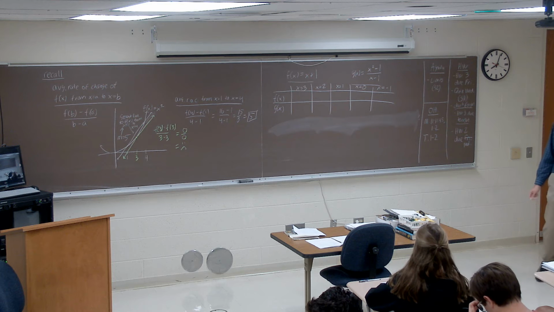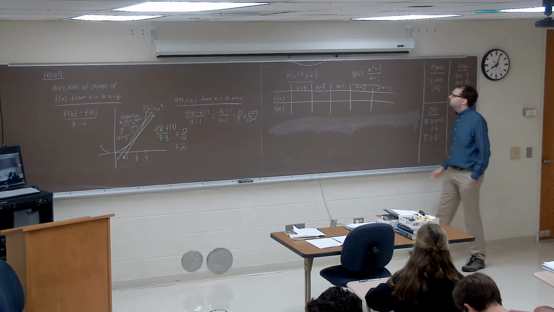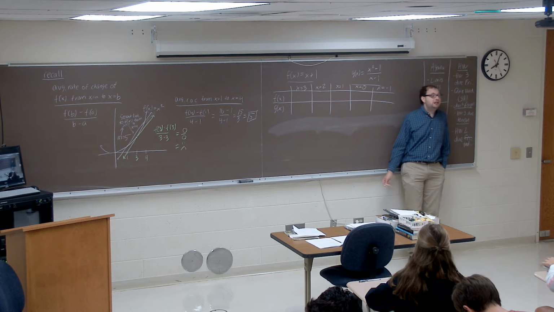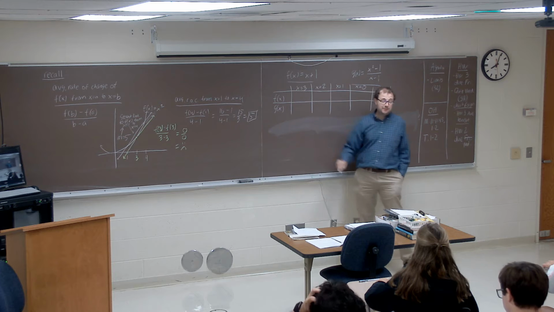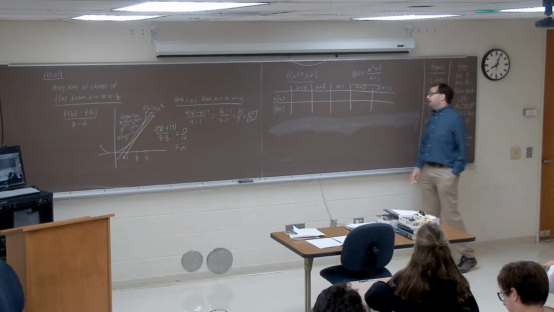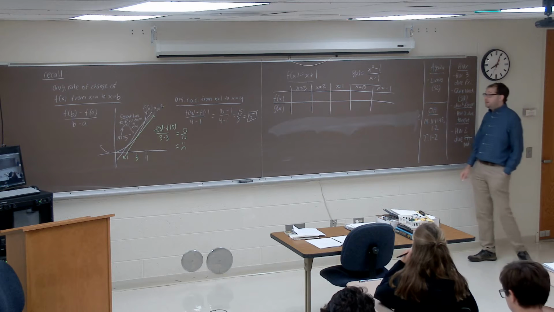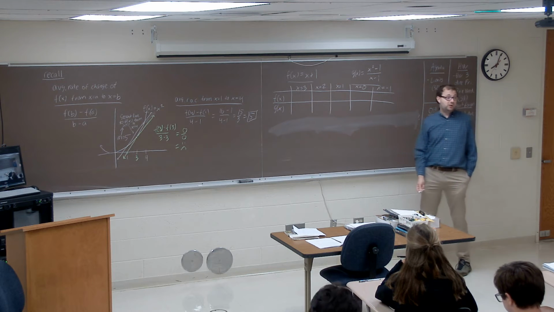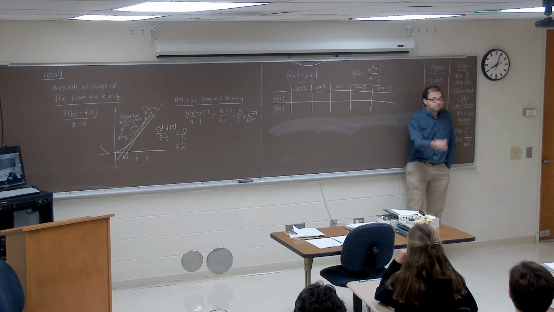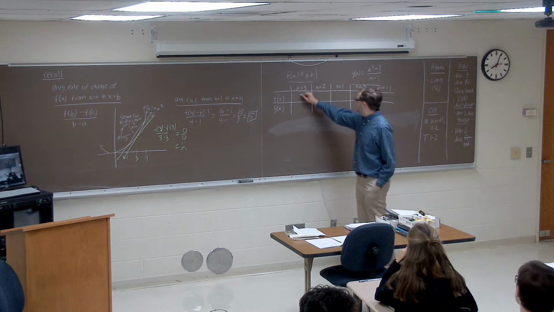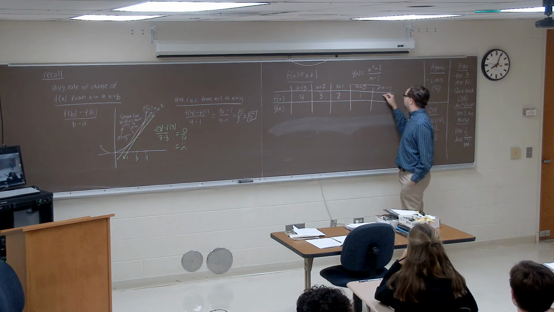Alrighty, let's come back together, and I want to talk about this function. Can anybody read me off their f of x row from the table that they filled in? If we're plugging in the values 3, 2, 1, 0, and -1 into the function f of x equals x plus 1, what did you all get as outputs? 4, 3, 2, 1, 0.